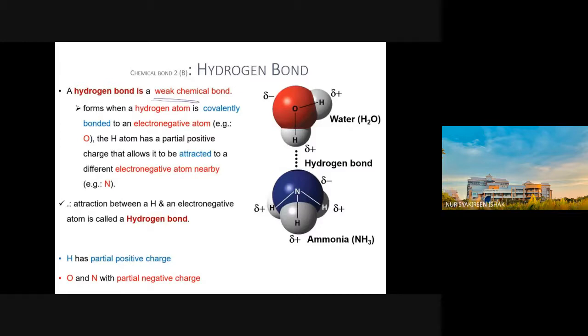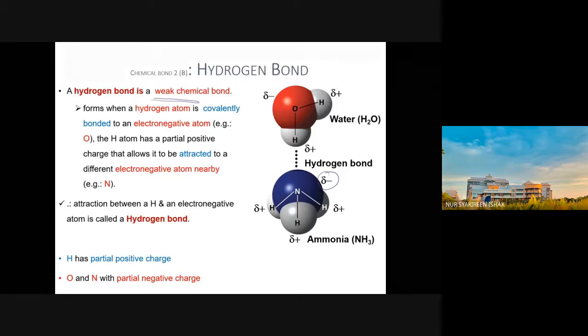So for example, here you have a water molecule, oxygen and 2 hydrogen atoms. Nearby you have another molecule, which is ammonia, NH3. The nitrogen of ammonia will have a partial negative charge, and the hydrogen atom of a water molecule will have a partial positive charge.